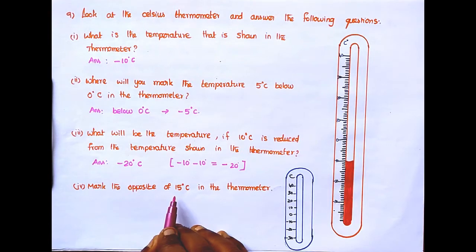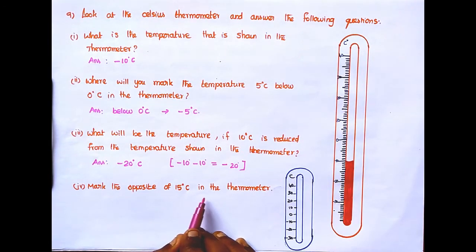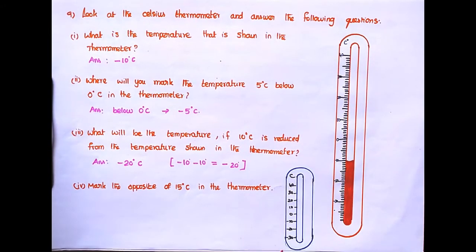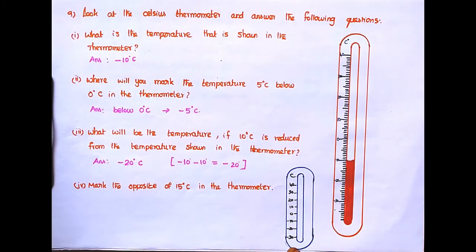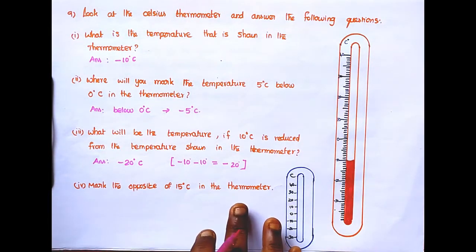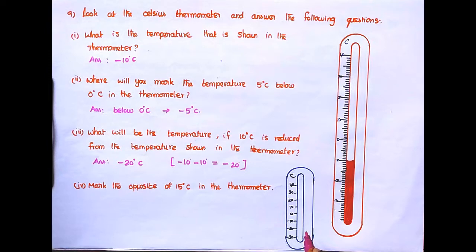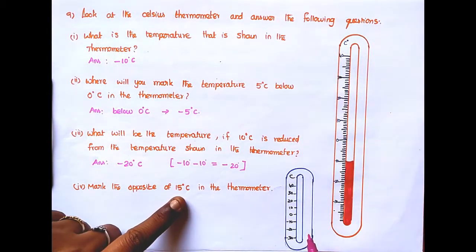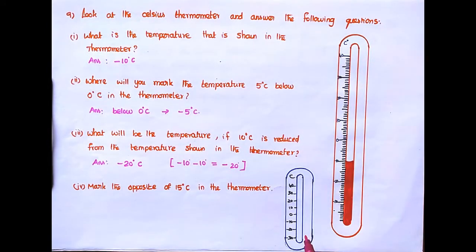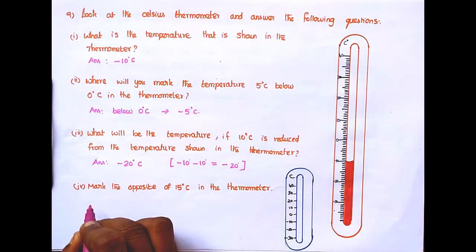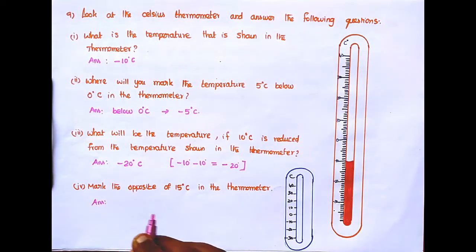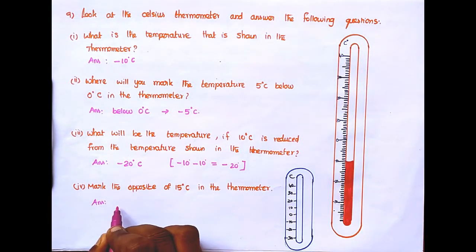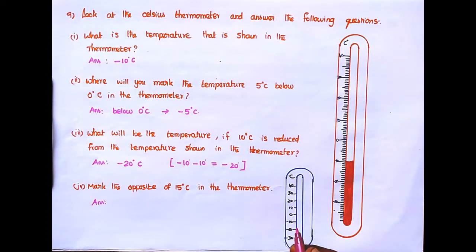Mark the opposite of 15 degree Celsius in the thermometer. Listen, mark in the thermometer, opposite of 15 degree means minus 15 degree. So, the answer here is minus 15 degree.